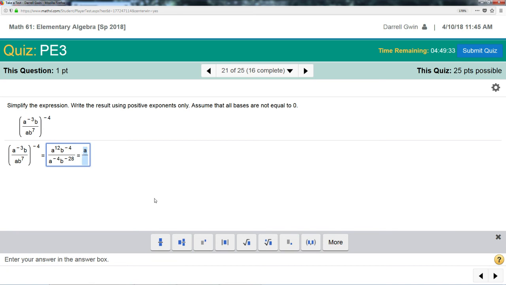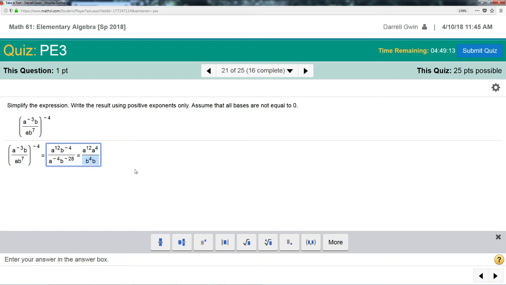Okay, so a to the power of 12 will stay. The b will cross the line and change to a positive exponent 4. The a will cross the line and change to exponent positive 4.